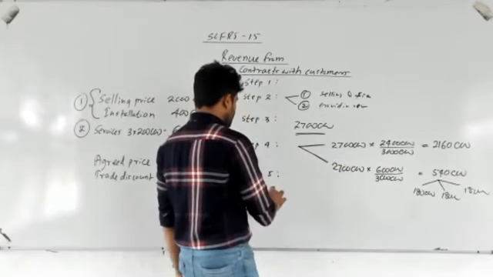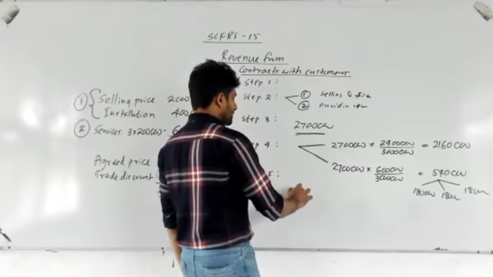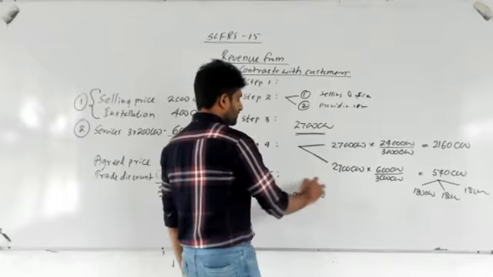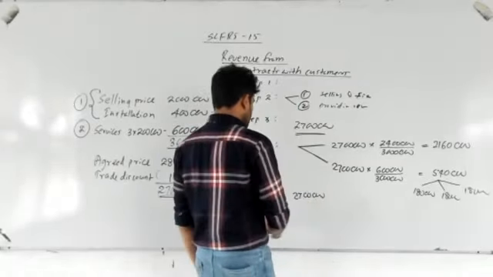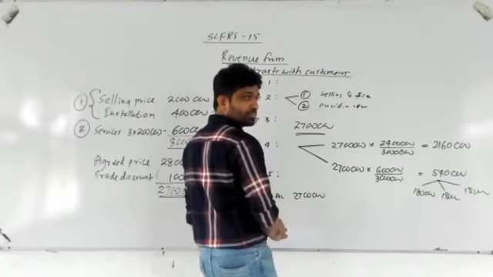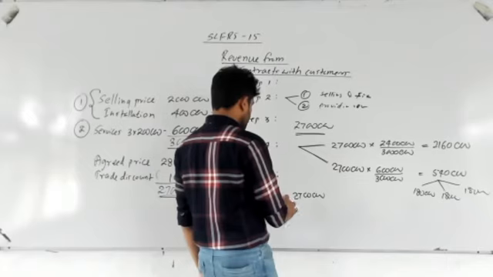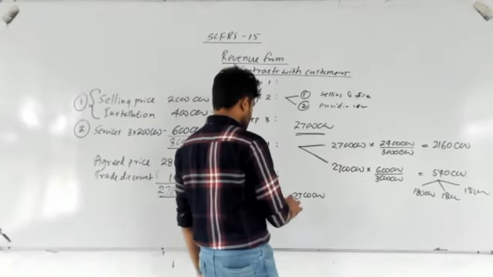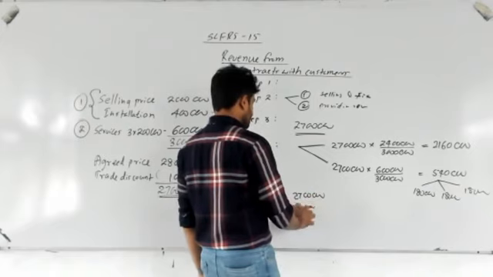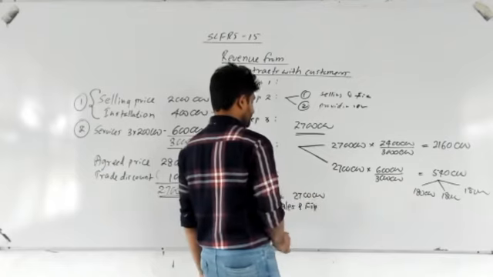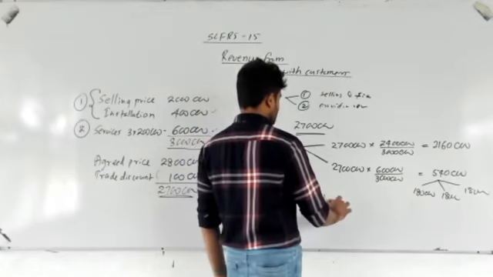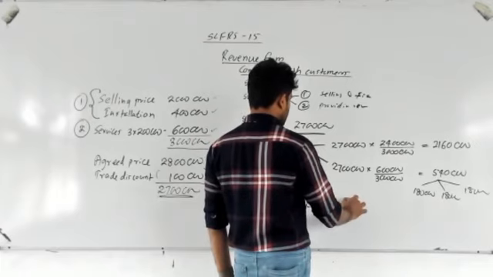Cash account debit 2.7 million. This says the full consideration has been collected. Then credit: sales income, or you can say sales and fixing for the installation, 2160.